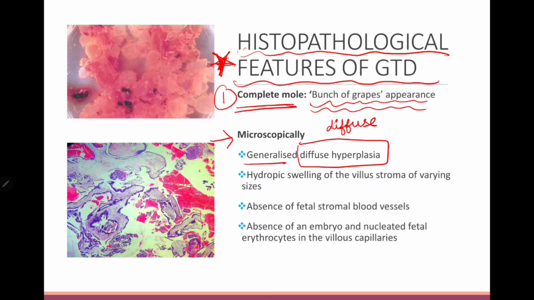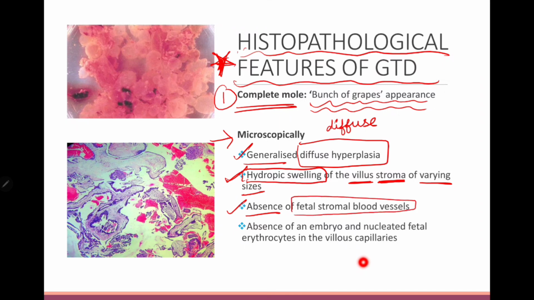So there is a generalized diffuse hyperplasia. There is hydropic swelling of the villus stroma of varying sizes. And then there is absence of fetal stromal blood vessels. As I already told you, only in partial mole will blood vessels and fetus or embryo be present.